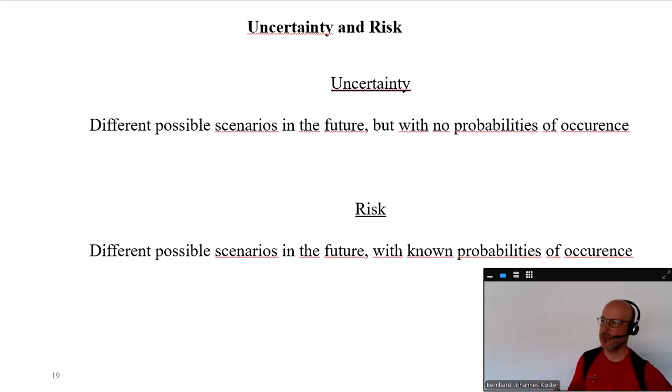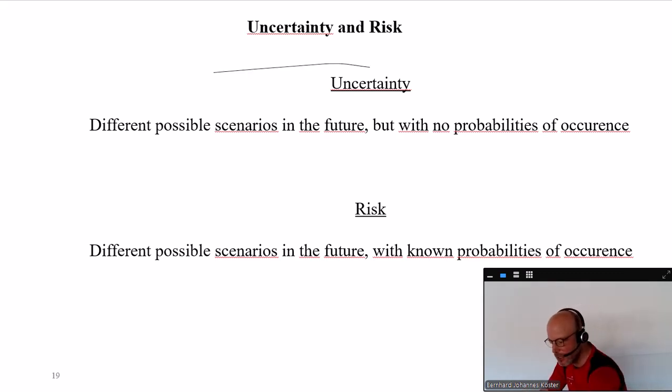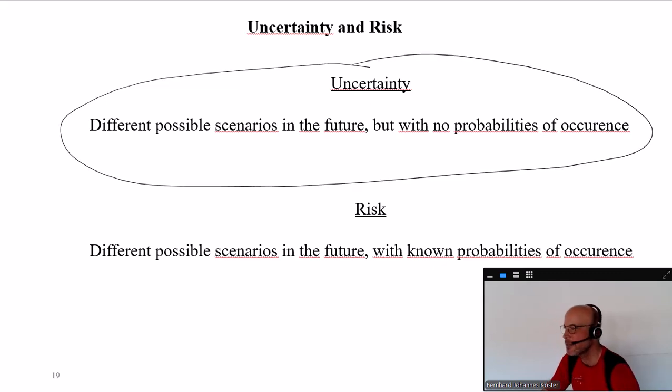In the one situation you say, well, although I have an idea, I cannot reasonably specify that this scenario will occur with 20% and the other one with 80%. You just have an idea something in this direction can happen, but I cannot weight this with 30 or 50%, something like this. And in such a situation, we would say we are in a situation of uncertainty.